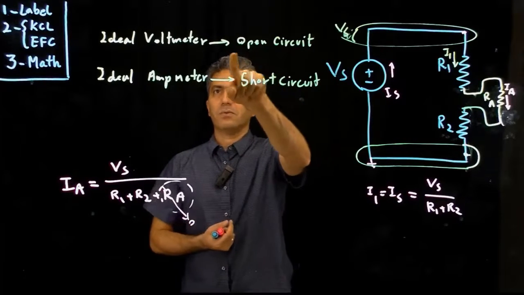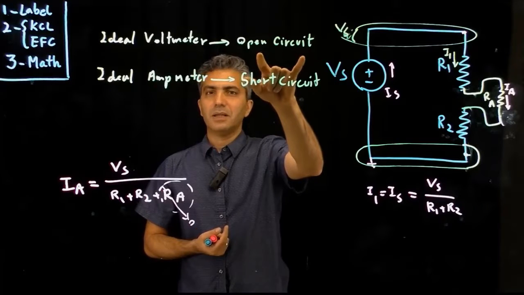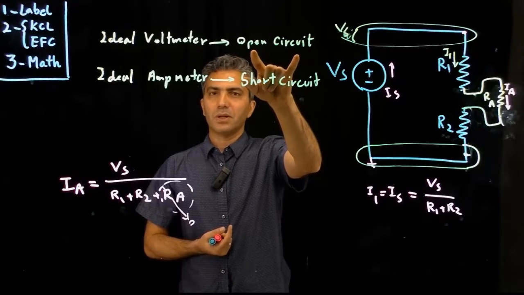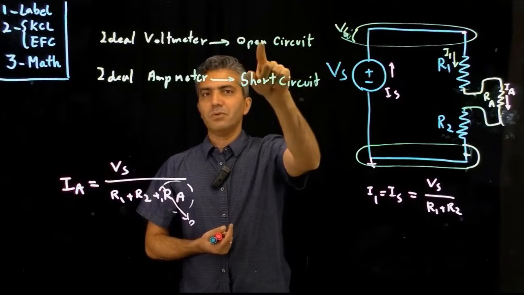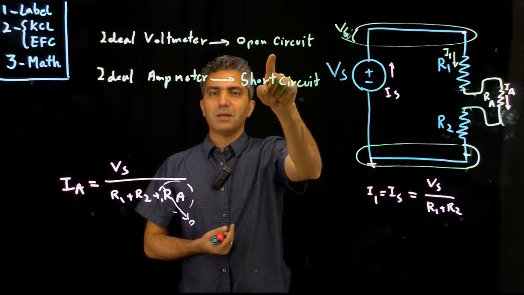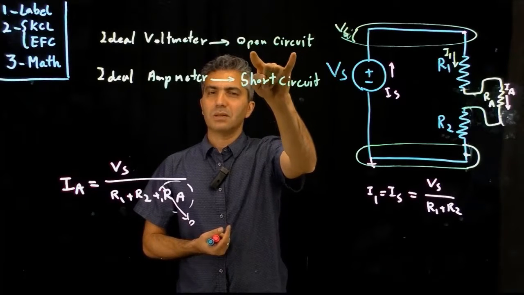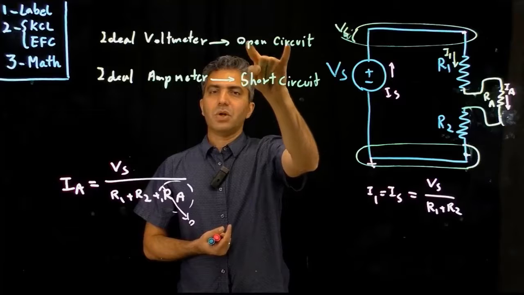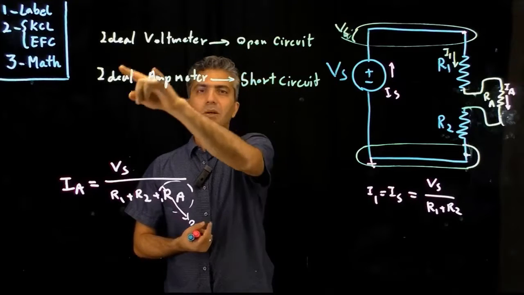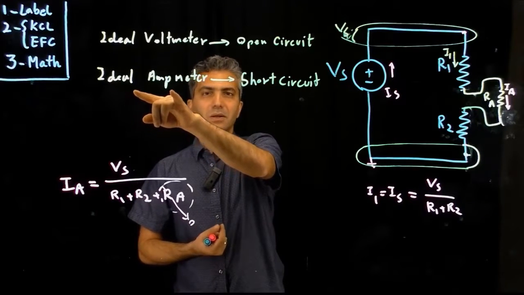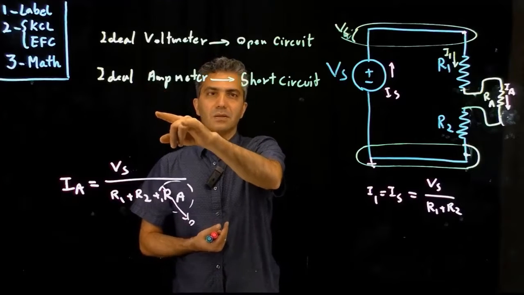So again, for the voltmeter, the ideal situation is an open circuit, but it's never true. The best case scenario is to make sure that the resistance of the voltmeter is much larger compared to the resistors that exist in the rest of the circuit.